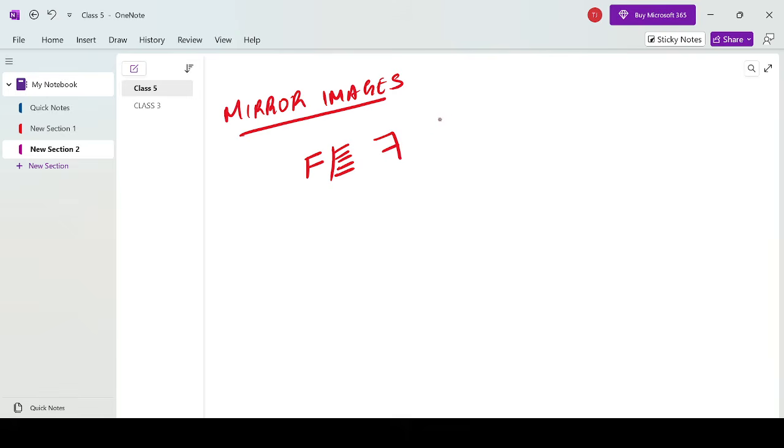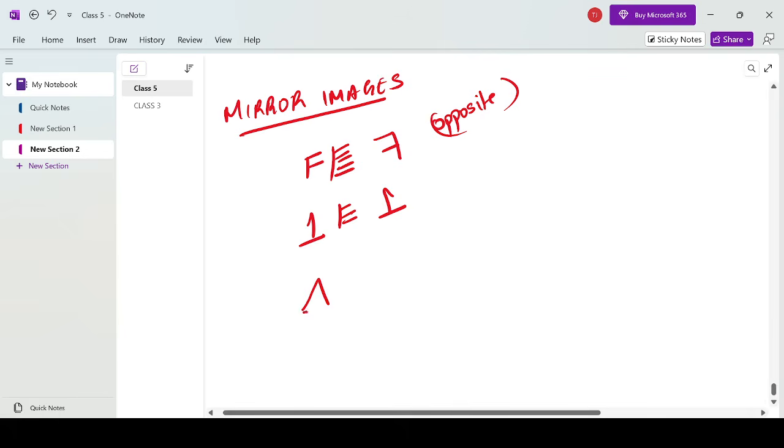Mirror means opposite. If you turn it, definitely it will become that. In the exam they will not ask a single number or a single alphabet, they might ask us in a diagram also.